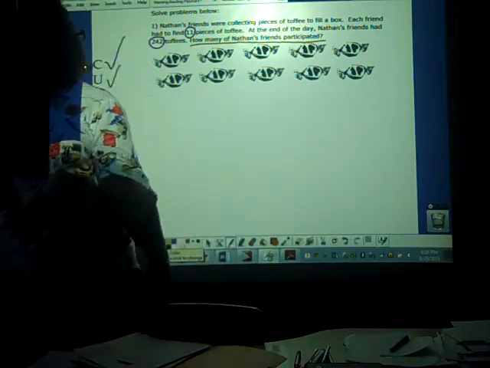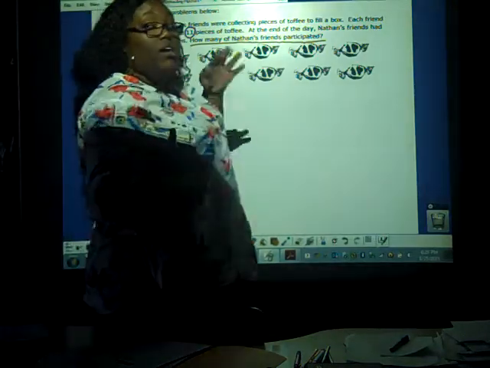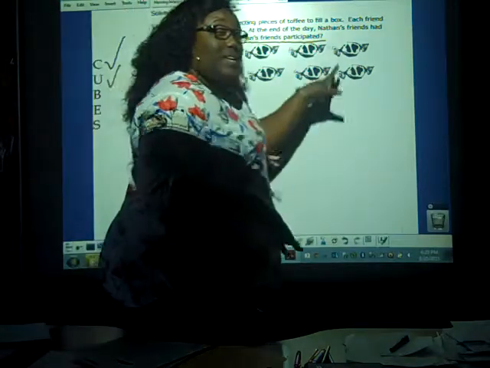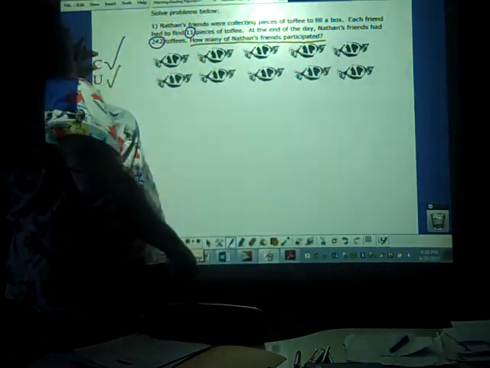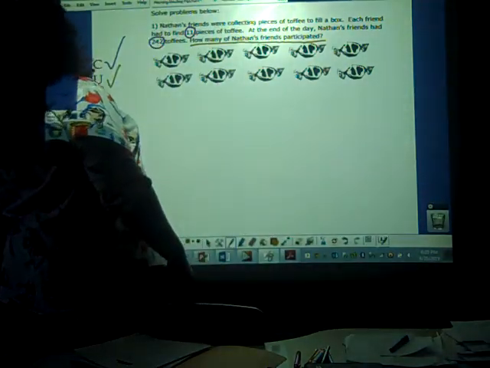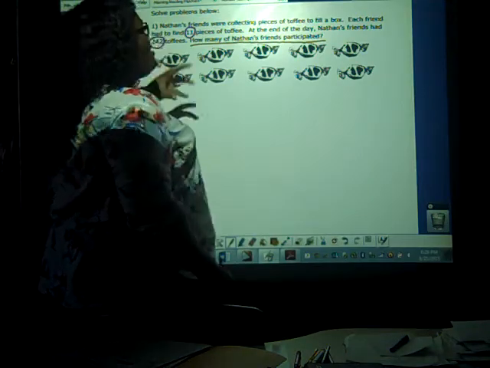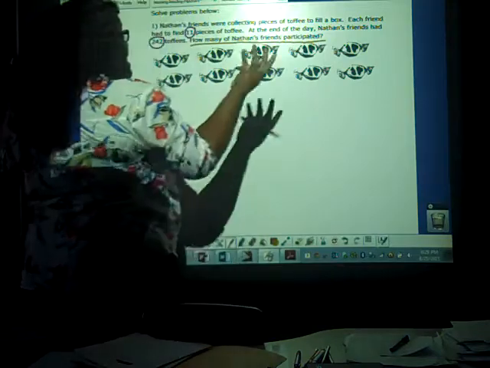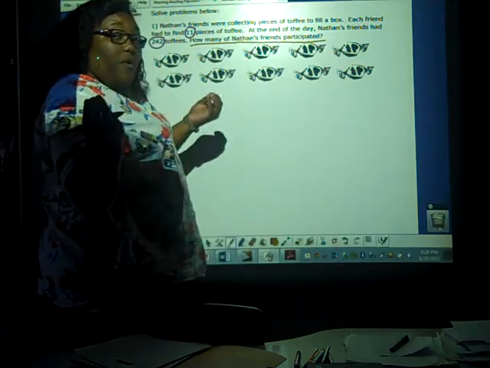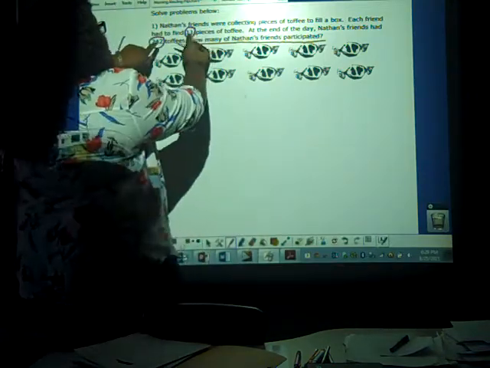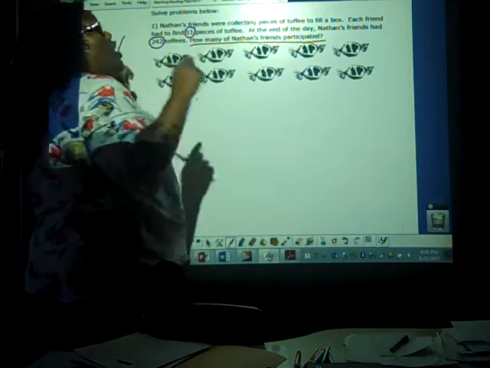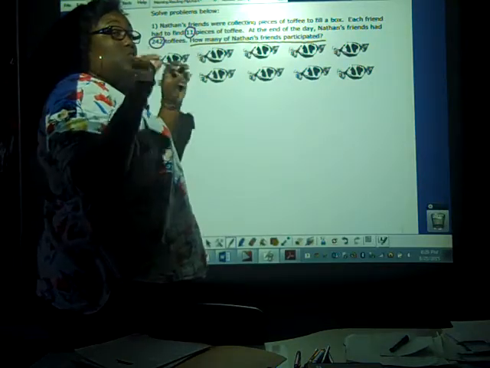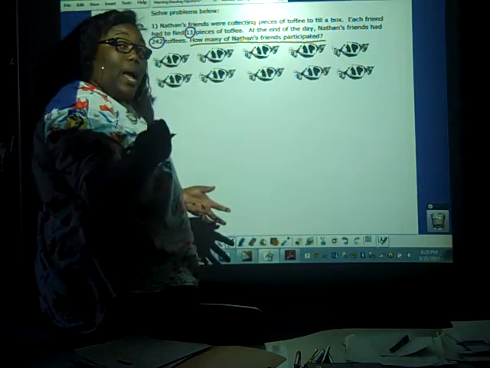So let's start boxing. Now to find the keywords, we have to really read through it again, because when you're just doing the first part of CUBE, circling your numbers and underlining the question, it's really easy to scan through it and be like, okay, that's a number, that's a number. Even if the number is in word form instead of numerical form, you still will need to circle it because it's a number.